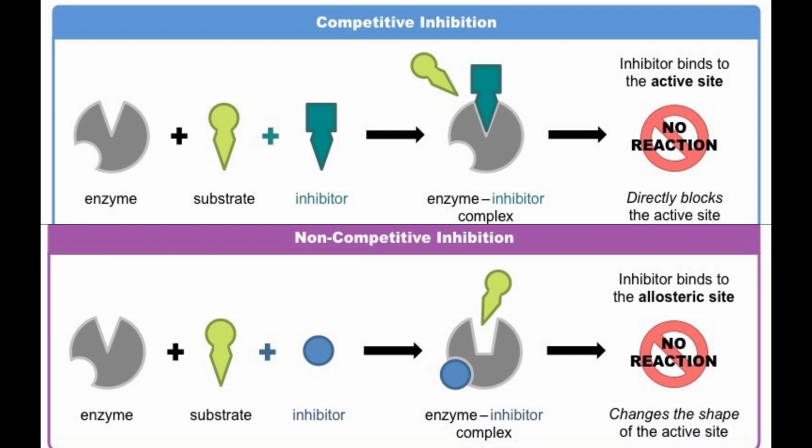What happens here is that the active site is free and the substrate can come and attach to it, but the inhibitor substance is attached to some other site rather than the active site. So it ignores the active site and acts on another site of the enzyme, and the site where the non-competitive inhibitor attaches is known as the allosteric site. So add another word in your dictionary, which is allosteric site.